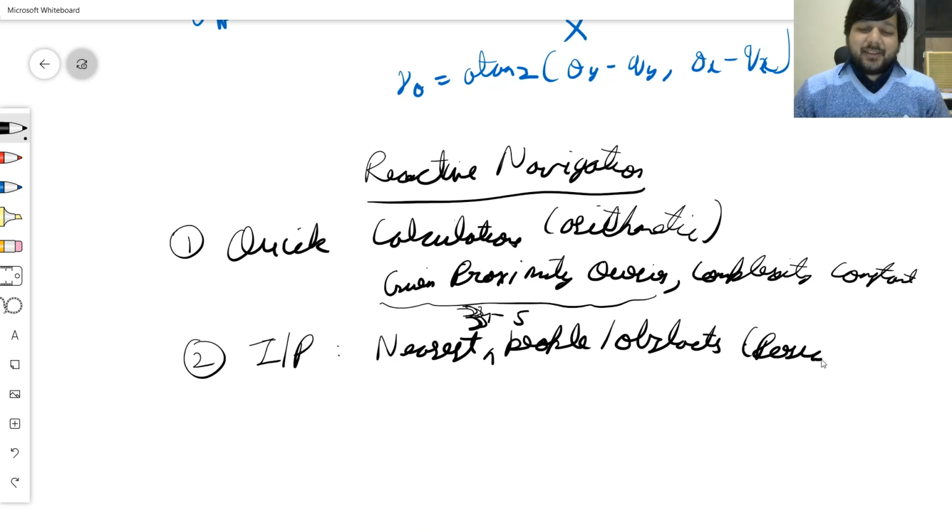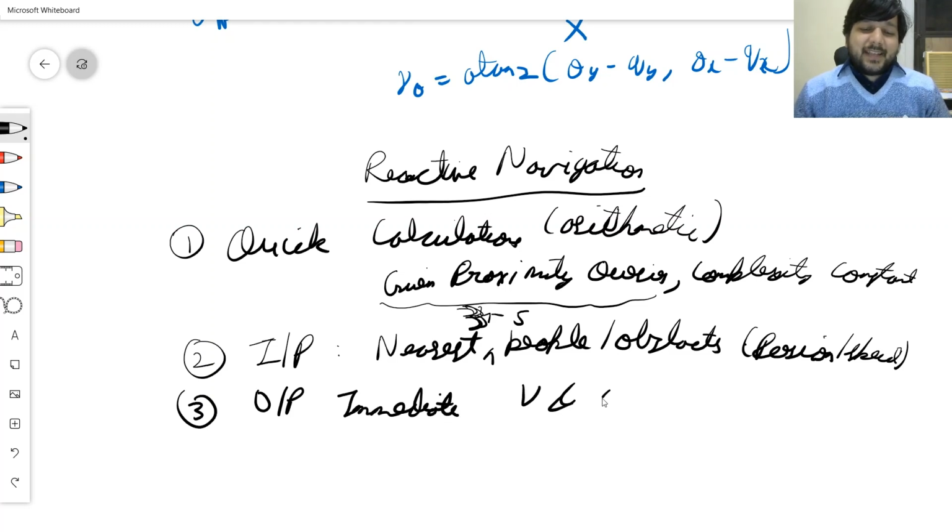And we looked into position and speed as factors. And my output was immediate linear speed and angular speed. I also considered the orientation.